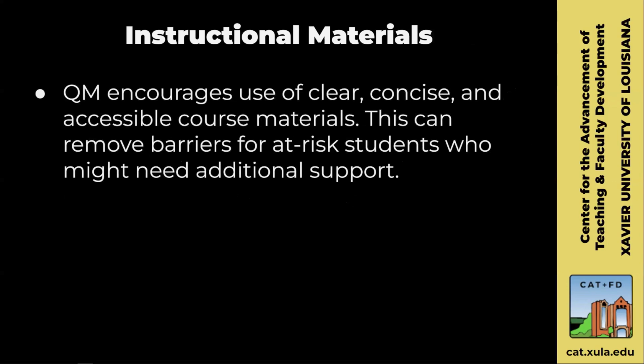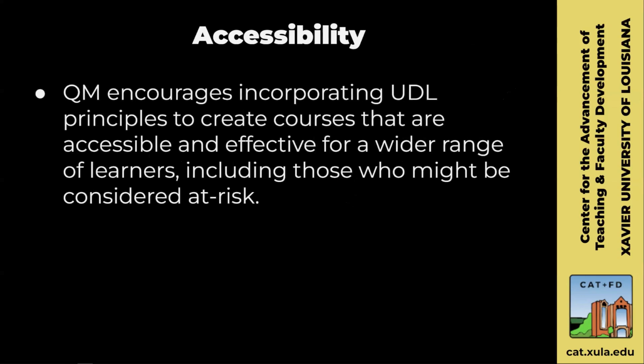As for instructional materials, Quality Matters encourages clear, concise, and accessible course materials, which can remove barriers for at-risk students who might need additional support. For accessibility, it encourages incorporating universal design for learning principles to create courses that are accessible and effective for a wider range of learners, including our at-risk students.